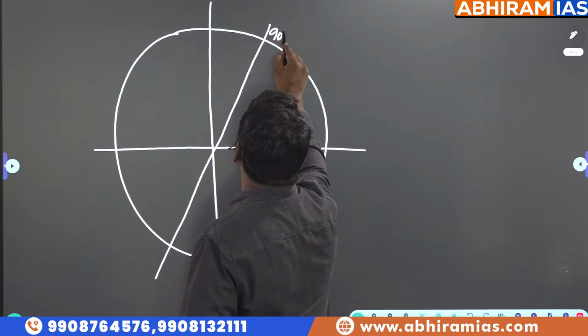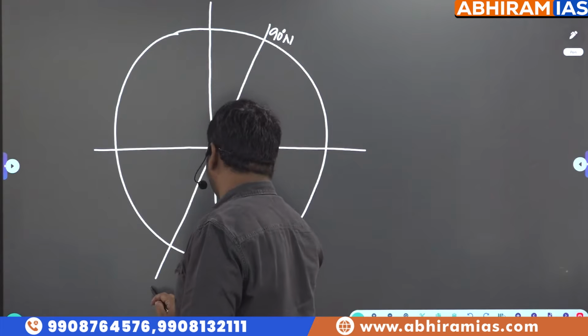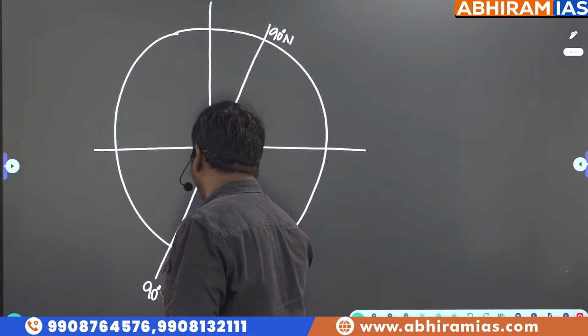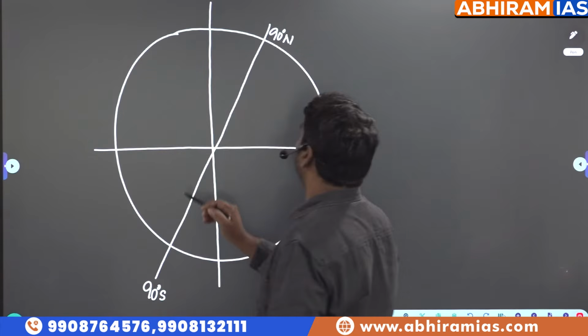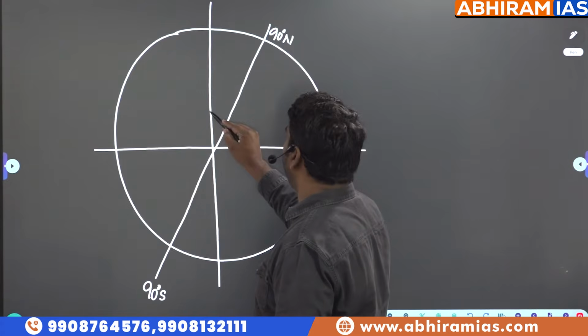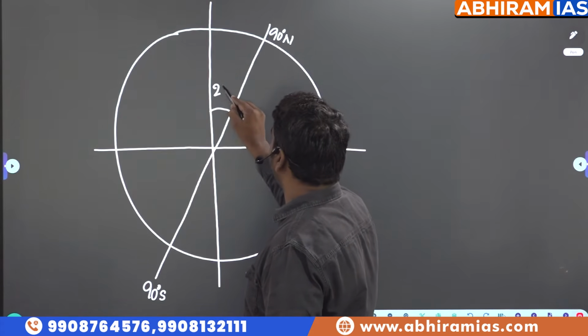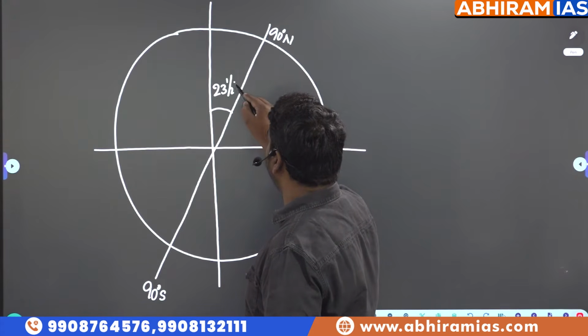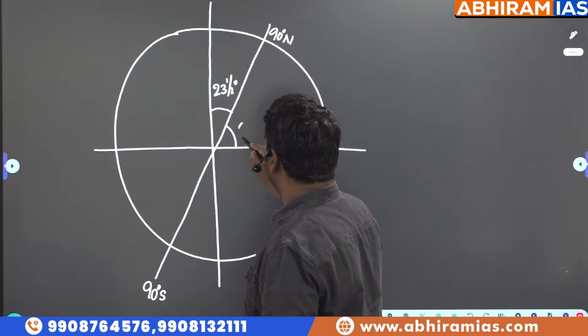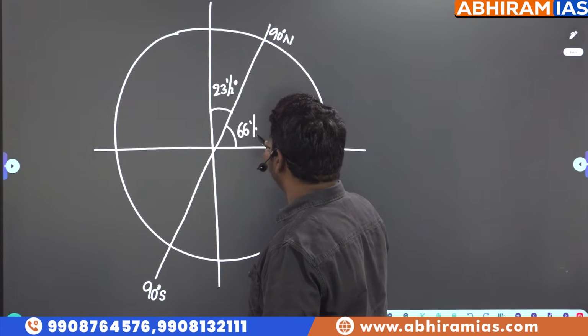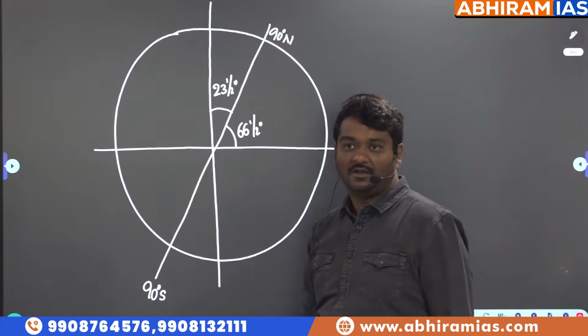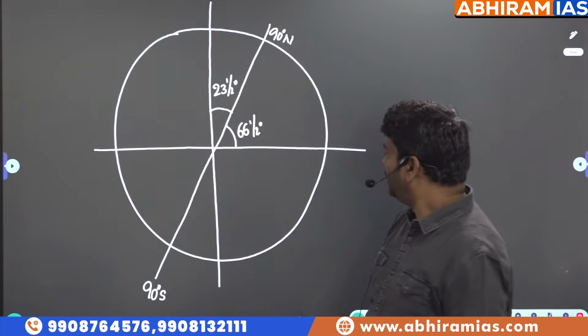This is 90 degree north, 90 degree south, right? So what will be this? 23.5 degree. This is 66.5 degree. So what is this particular aspect?